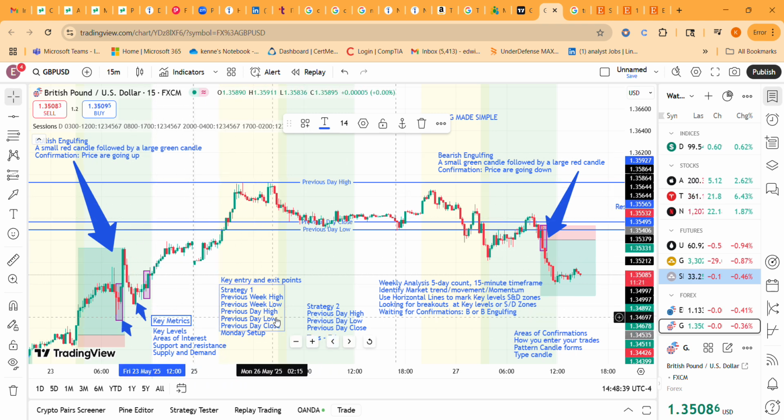The strategy is based on these key metrics. Whenever the price reacts at any of these levels, you're simply going to buy or sell. That's what the strategy is all about in simple terms. It's very simple and very straightforward.